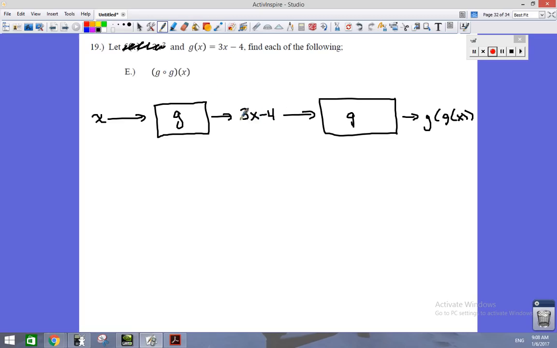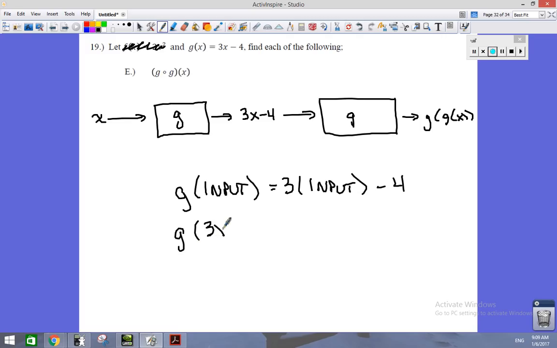That's what g does. It creates a subtraction. If you give it an input of x, it's going to multiply that input by 3 and subtract 4. That's what it always does. It takes the input, no matter what it is, multiplies it by 3, and then subtracts 4. Well, this time, we're having the input be 3x minus 4. So it's going to take that input and multiply it by 3, and then it's going to subtract 4.